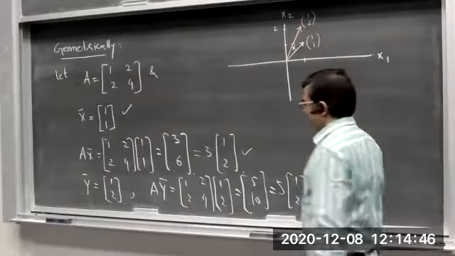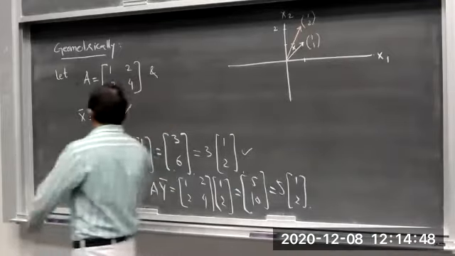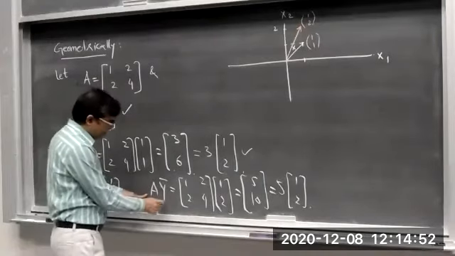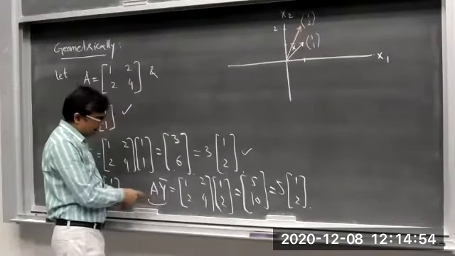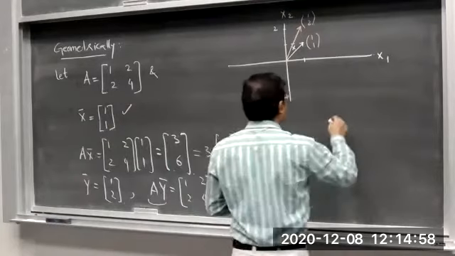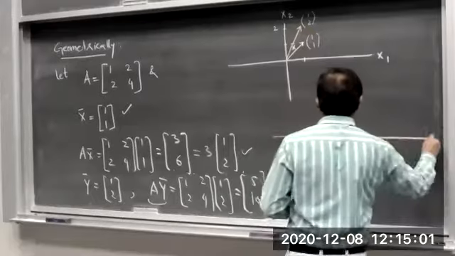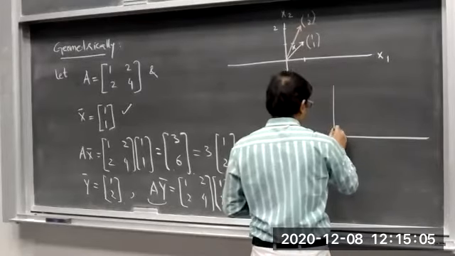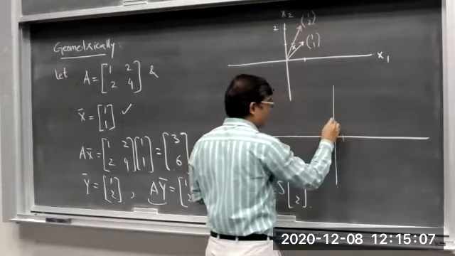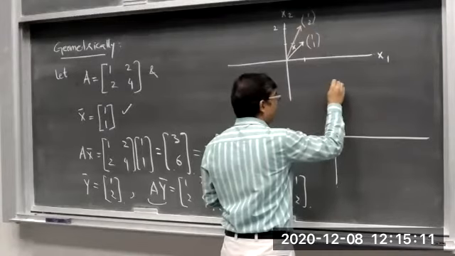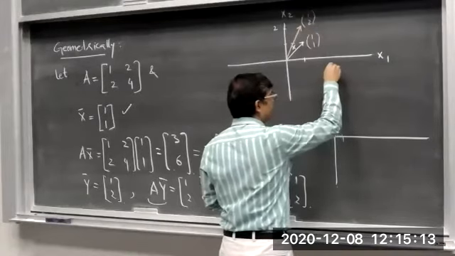Now, you can see here that the assumed vector is 1, 2. And after multiplying y with A from the left-hand side, what do we get? 5 times 1, 2. So if we plot this, this is 1, 2, 3, 4, 5, 6, 7, 8, 9, 10.